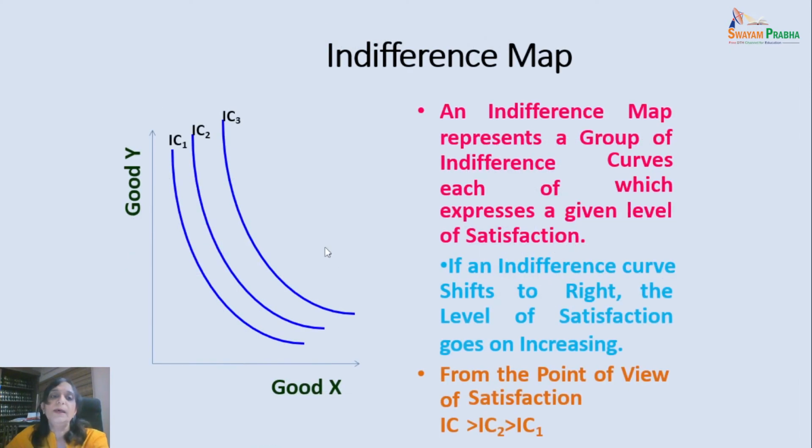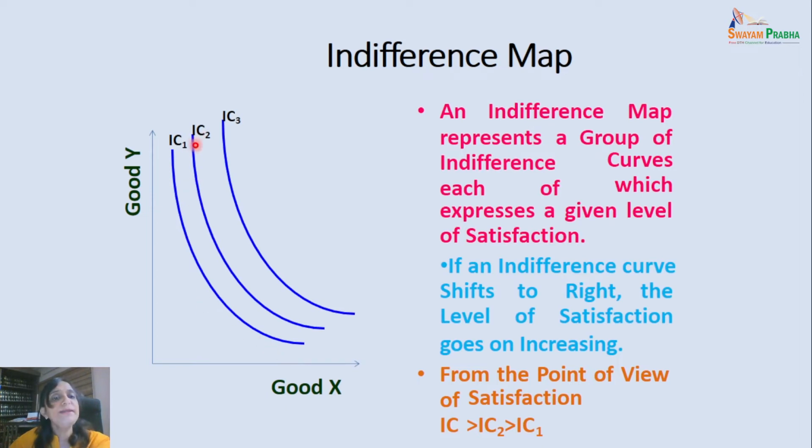Now, when you plot many indifference curves on a graph, that is called an indifference map. So what is an indifference map? An indifference map represents a group of various indifference curves, and each curve expresses a given level of satisfaction. This means all the various combinations of good x and good y which lie on IC1, the first indifference curve, will give him the same level of satisfaction.